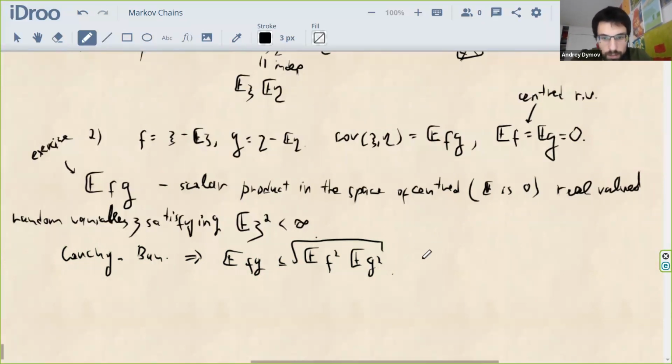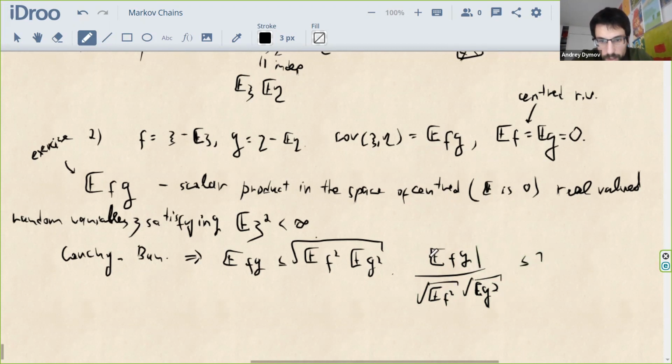But it means that this scalar product normalized over this square root is bounded by 1 in absolute value. Yes, sure. Here I should also draw the absolute value.